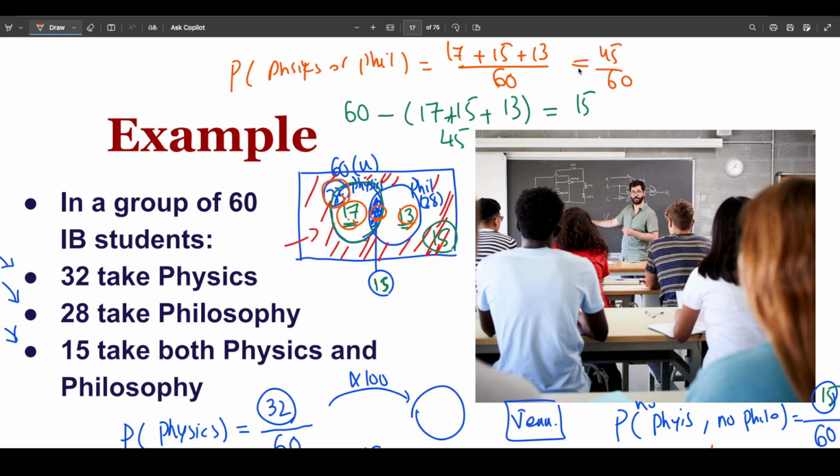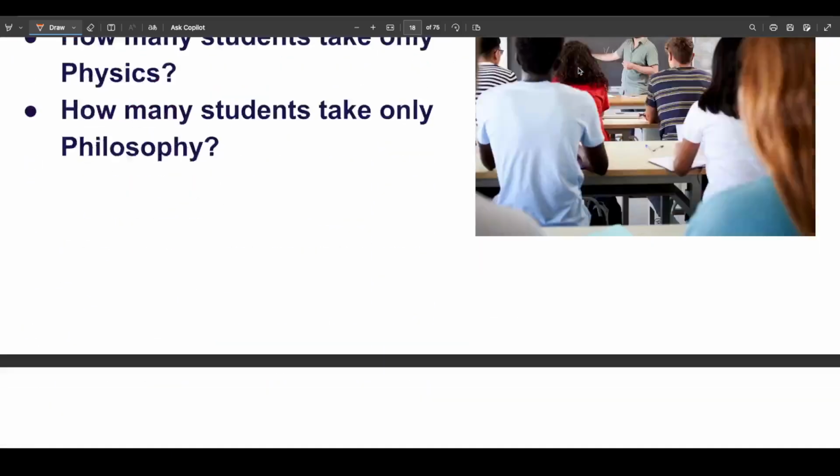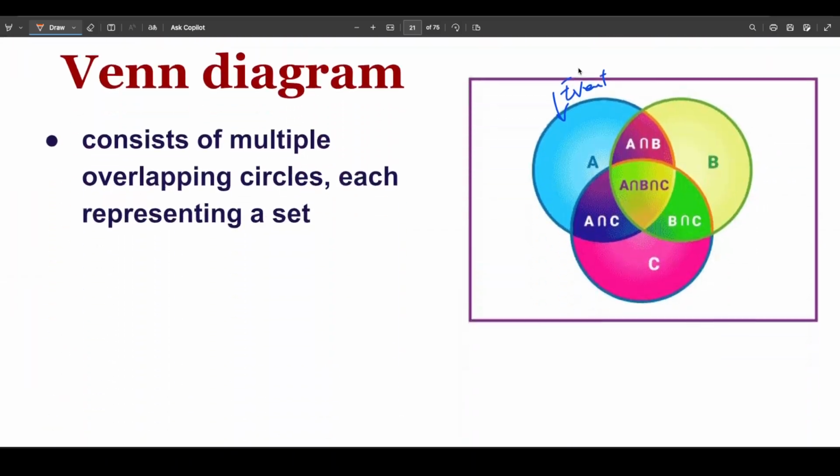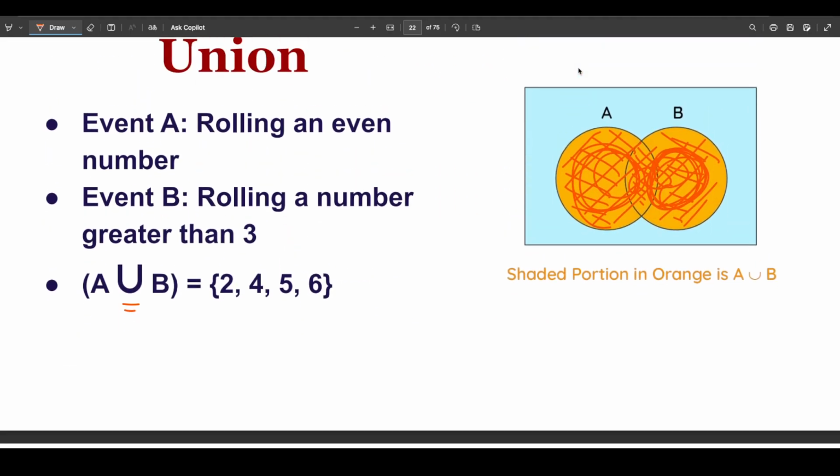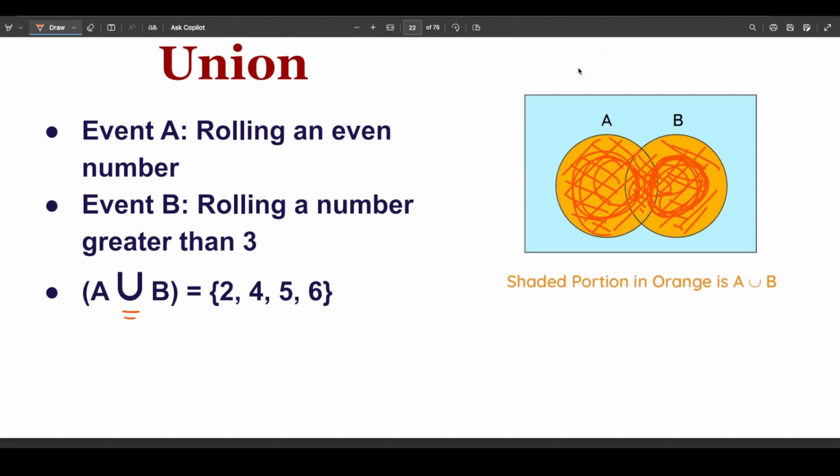So remember, it's only B, only A, and of course the part which is in common between them. This is the union.